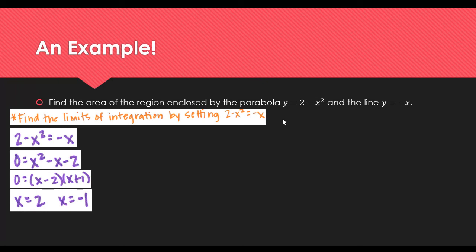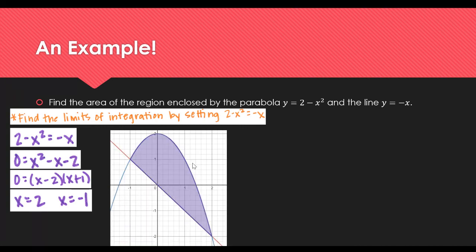But I want to integrate the big one minus the small one, but which one is bigger? So this is where you graph your equations. I graphed these in Desmos, and I did an extra special graph for you so you could see exactly what we're doing. Obviously the parabola is my 2 minus x squared.